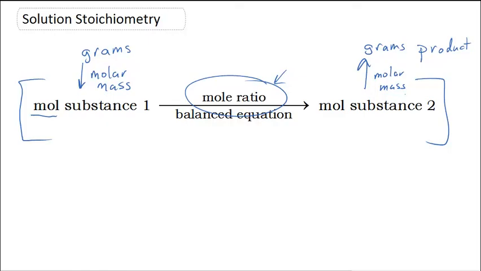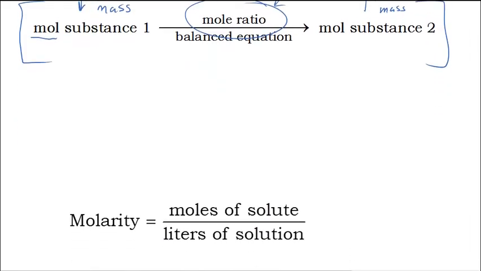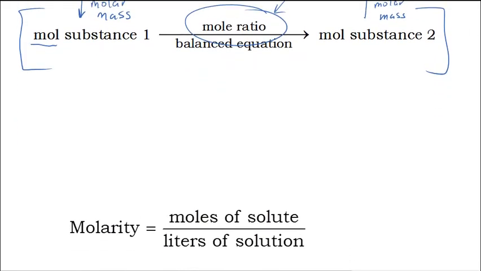But we're talking about solutions now. So how do we express the concentration of a solution typically in chemistry? We use molarity. Molarity, as shown here, is moles of solute per liters of solution, because we're typically looking at two-component solutions where we have a solute and a solvent, and those two things make up the solution. So we have both our components in the molarity.